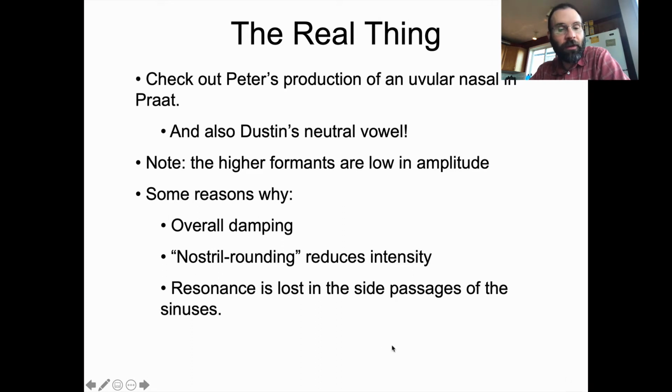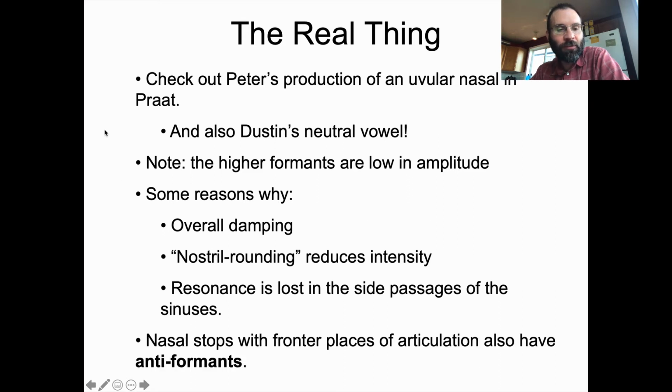And then also the interesting fact that I kind of want to dwell on for a moment, though, is that you kind of lose resonance as well through what are called anti-formants. This is kind of a funny term, but it means exactly what it implies: rather than formants intensifying particular frequencies in the signal, anti-formants will particularly suck energy out at specific frequencies when you produce a nasal sound.